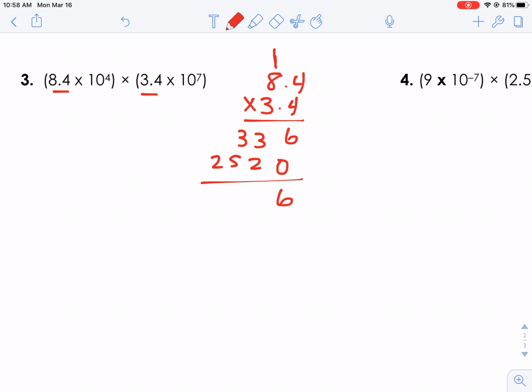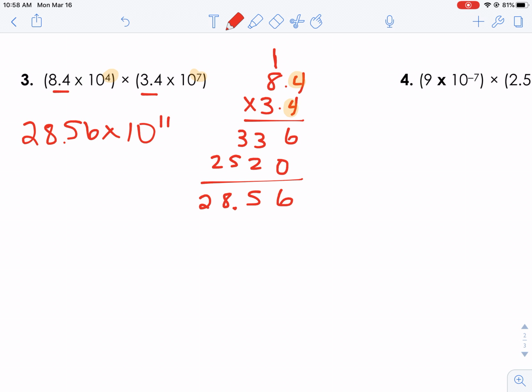Okay, and then remember we have two numbers behind our decimal, so our answer would need to have 2 numbers behind the decimal. Okay, so we end up with 28.56 times 10, and then we're going to add our exponents. So 4 plus 7 gives us 10 to the 11th.